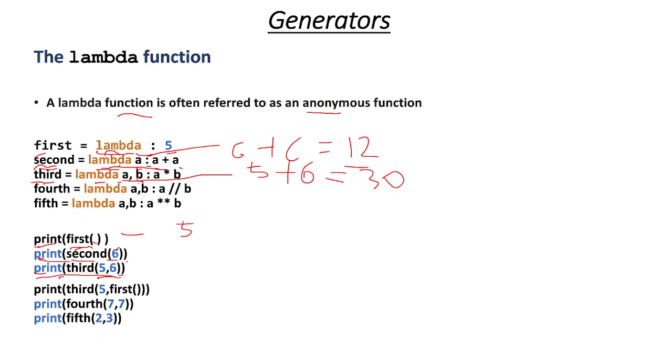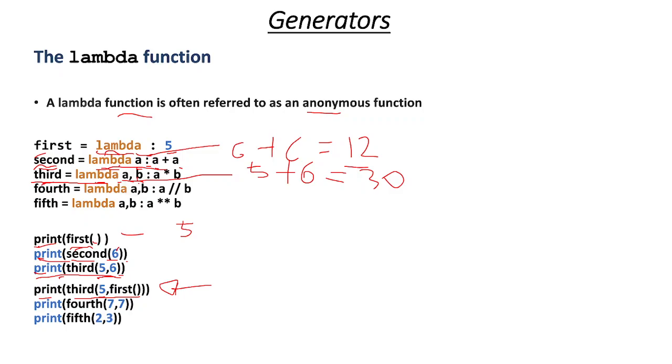Now, there is another way. When we invoke a Lambda function, we can place another Lambda function as an argument. So over here, we will invoke the following line of code. We have the print function, and inside it we have placed our Lambda function's third variable. Inside the parentheses, we have placed an integer 5 as an argument, which will be given to our a parameter.